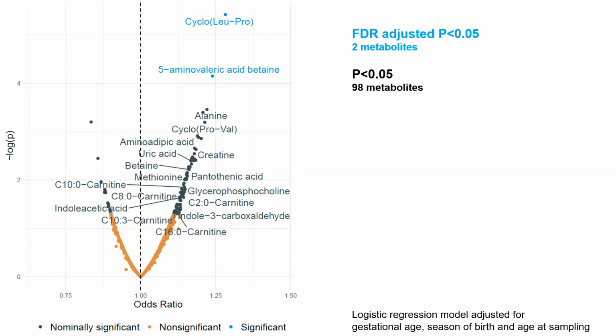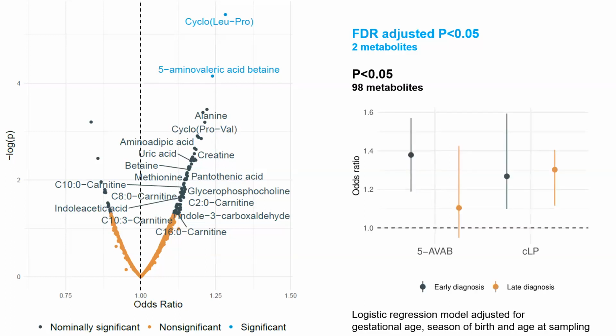However, when we adjusted for running very many different multiple tests, which you will hear more about as well during the stats section on Friday, only 2 metabolites remained significant, and those were cyclo(leucine-proline) and 5-aminovaleric acid betaine.